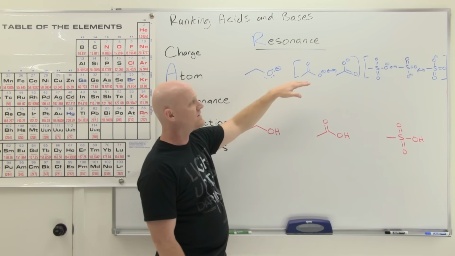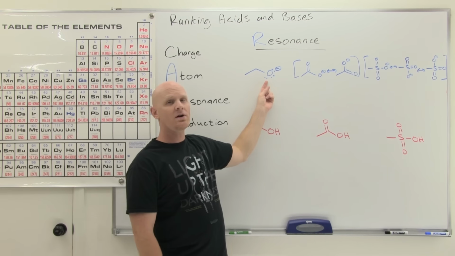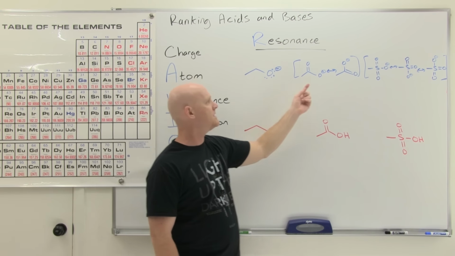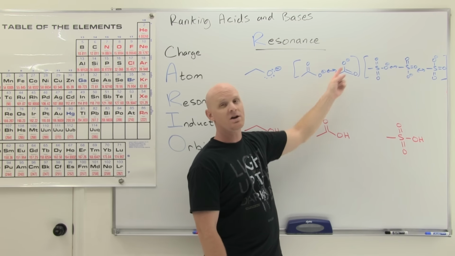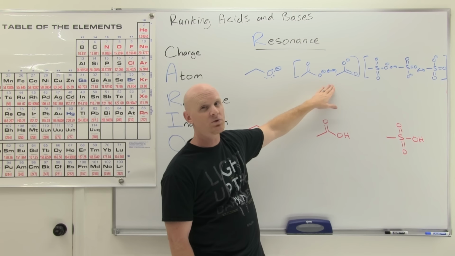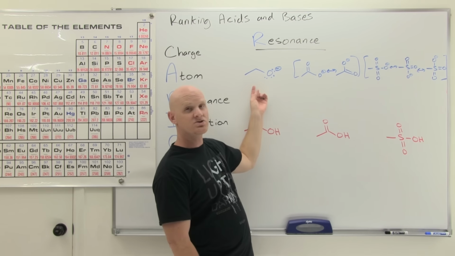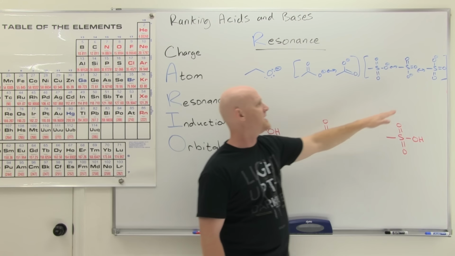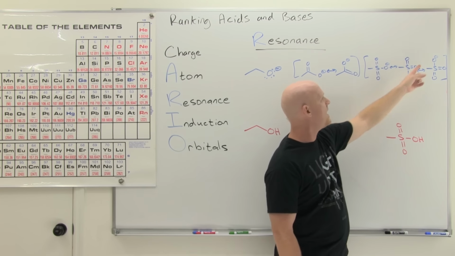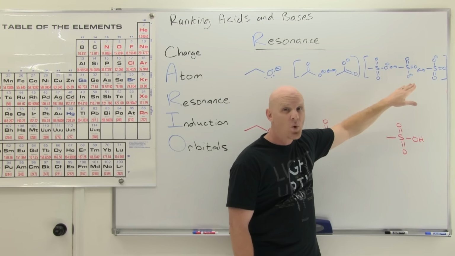All right, so doing the resonance rule now, we see that here the negative charge has no resonance. It's on a single oxygen completely. Here, the negative charge due to resonance is shared between two oxygen atoms. That makes it more stable, and a more stable base is a weaker base. This is a weaker base than the first one that has no resonance. And then finally, this last one, the negative charge is actually shared on three oxygen atoms and is even more stable.